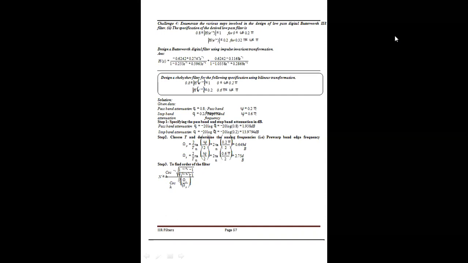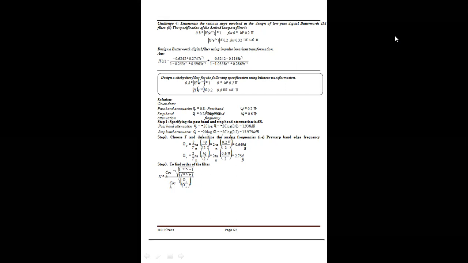Since T is equivalent to 1, omega P is 0.25 and omega S is 0.65, substituting, we get the values of omega P and omega S to be 0.649 and 2.75. Okay, and then we have to find the order of the filter.